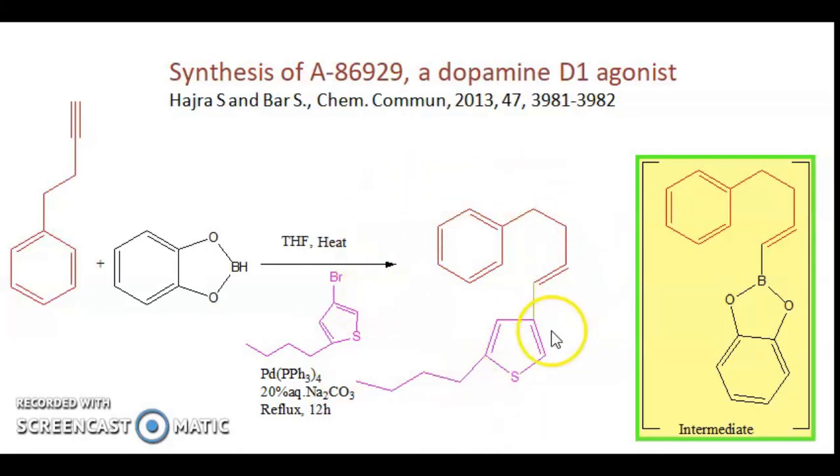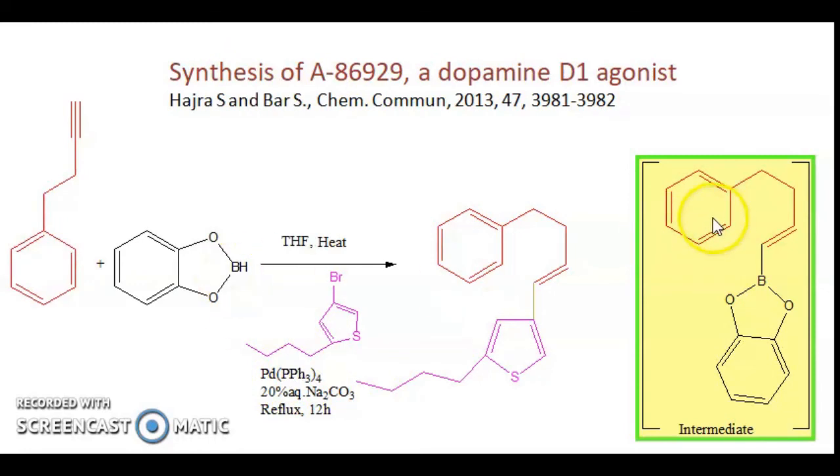So it is here that our Suzuki coupling is happening. In the same way, as in caparatriene, the organoborane is formed in situ, and this organoborane then undergoes coupling reaction in the presence of palladium catalyst, palladium tetrakis(triphenylphosphine).